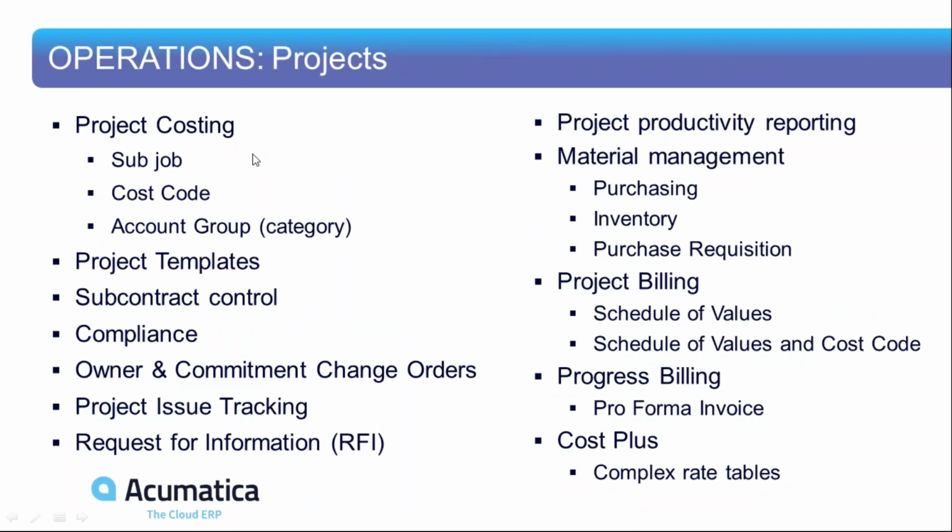Where we really differentiate ourselves is in the project side of the house. So we've got subcontract control, we've got compliance, we've got change orders. Change orders can impact owner, budget, and commitment, all on the same screen. Material management if you need it: requisitions, purchasing, warehousing, billing, pro formas.